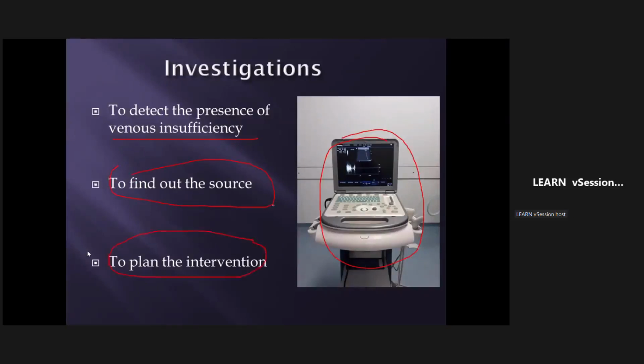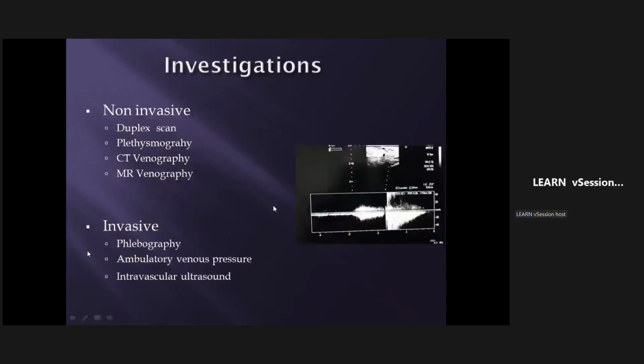Right. And there are so many other tests which you don't do in all the patients. But suppose there was a category called congenital, or if you suspect an iliac vein thrombosis or iliac vein obstruction, then you do some additional test other than duplex.